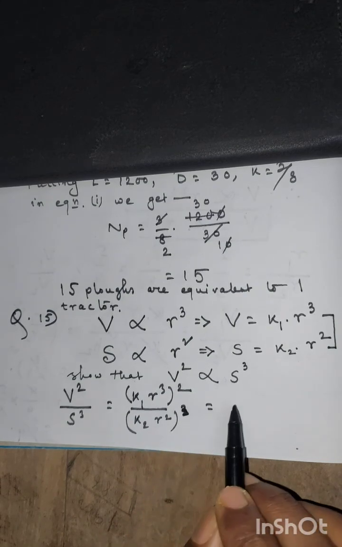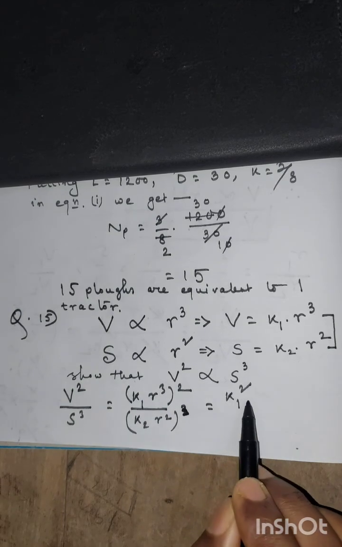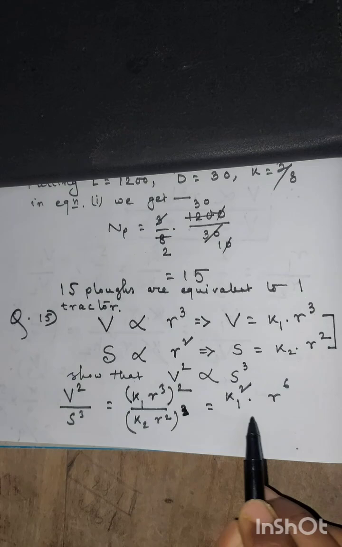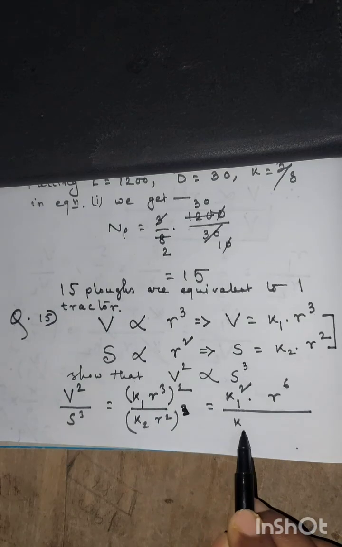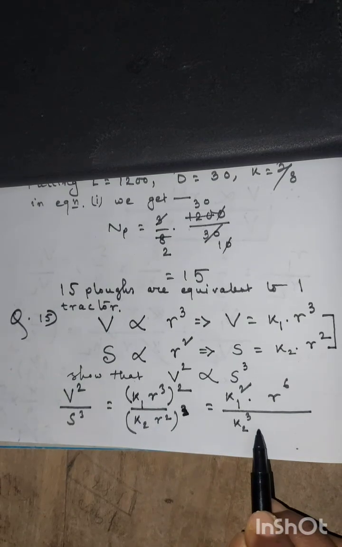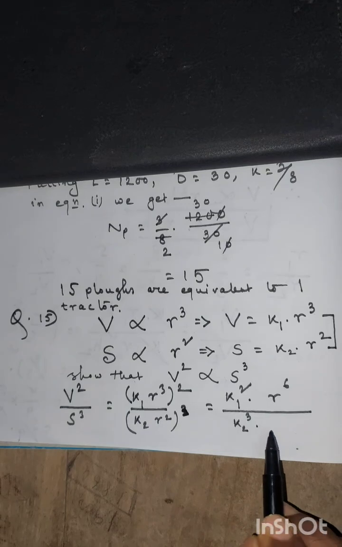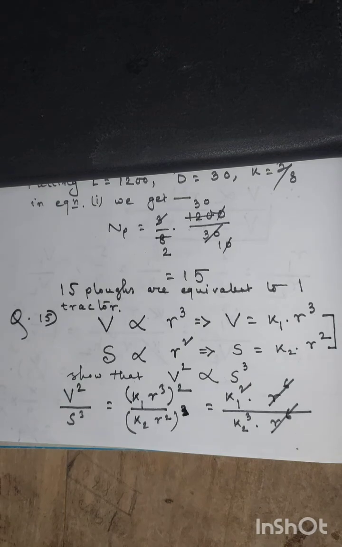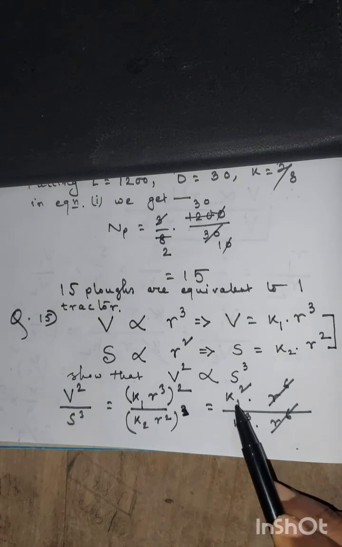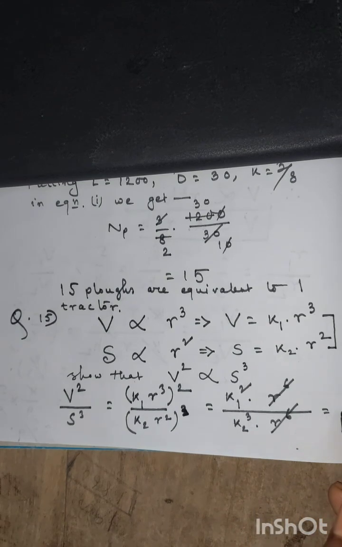So if we simplify it, we can write k1 square into r to the power 6 by k2 cube into r to the power 6. Now if we cancel these two quantities, obviously this is a constant, so we can write it equal to c, where c is equal to k1 square by k2 cube.